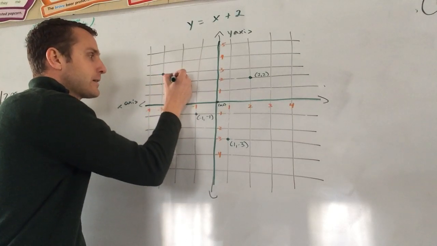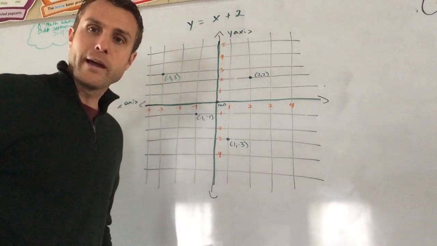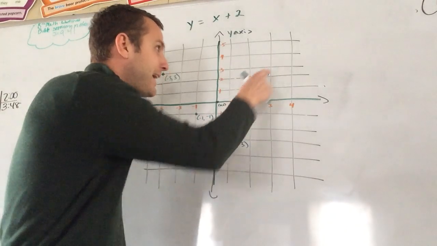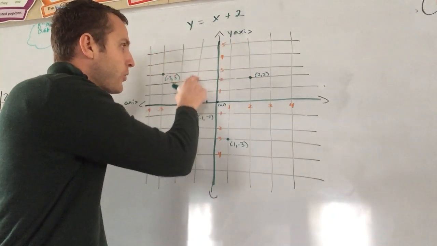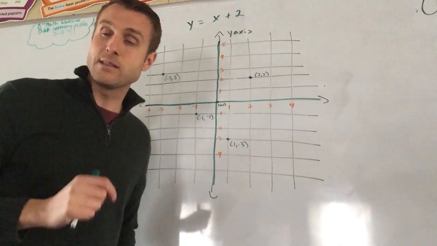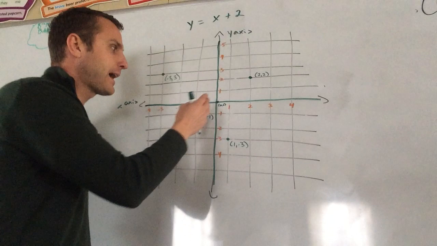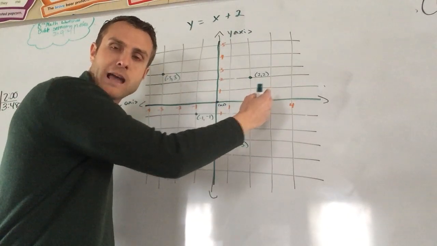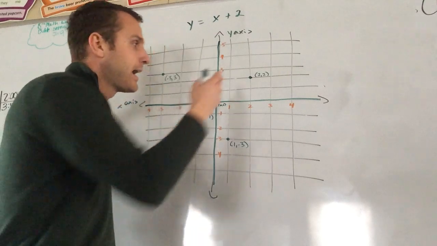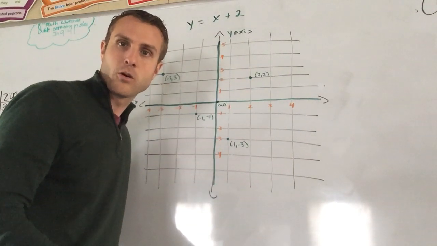Left is negative 3, up is positive 3. So every corner of a box is going to be a point. And I can figure out which point that is by counting how many lines to the left or right of the origin it is. That will be my first, x. And then how many up or down, that will be my second, or y.